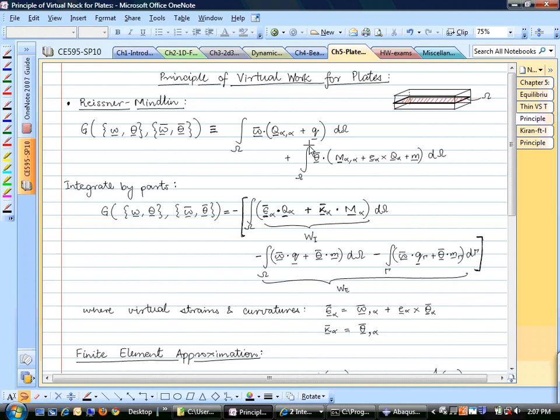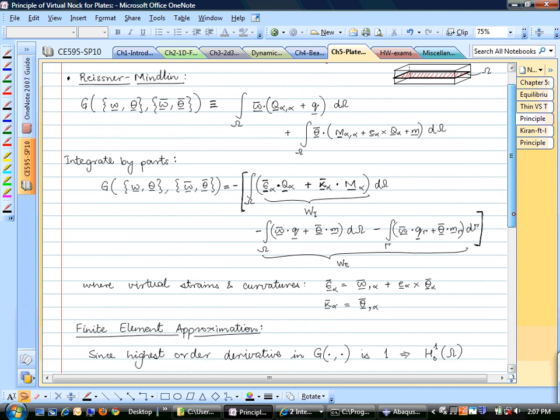So take the equilibrium equation, multiply it with virtual displacements and rotations, integrate by parts, and you will get your weak form. Here all the derivatives are pretty much balanced. There is a derivative with respect to displacement in here, and there's a derivative with respect to displacement here.